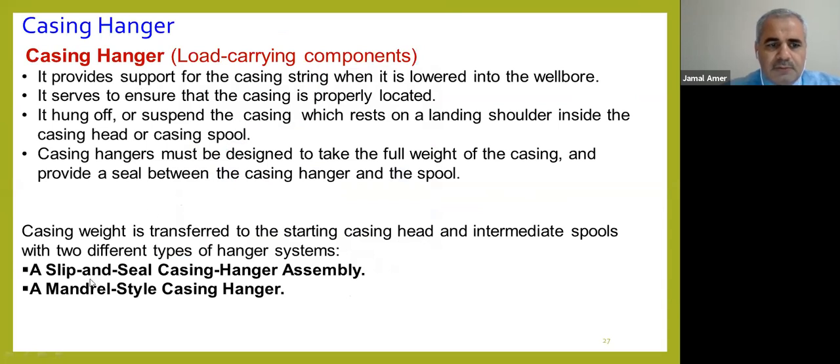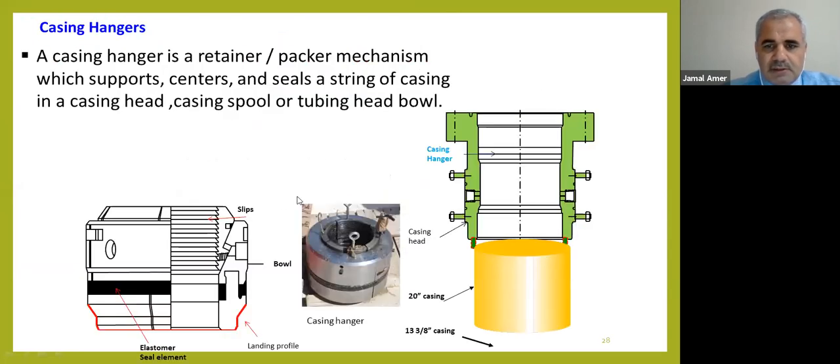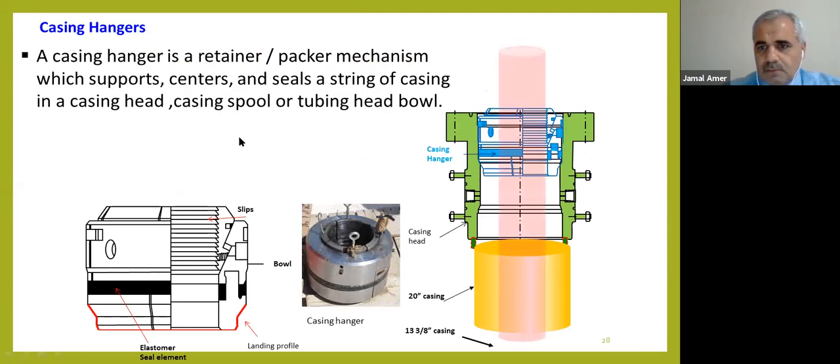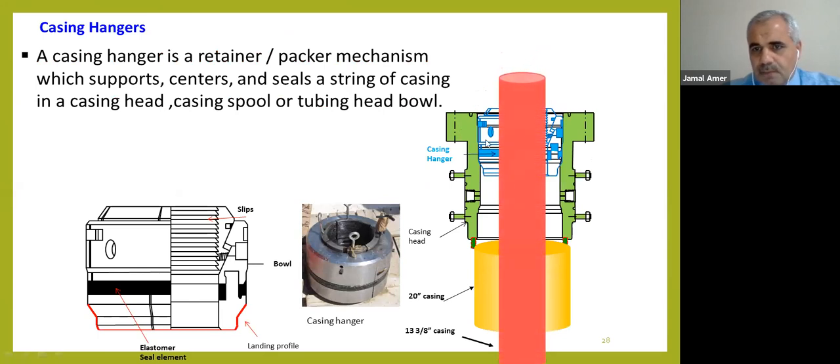We have two kinds of casing hanger: slip and mandrel. We'll talk about them in detail, inshallah, in our course. You see here how the casing hanger holds the casing.